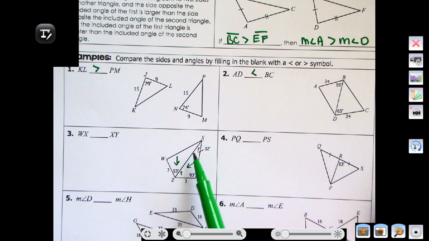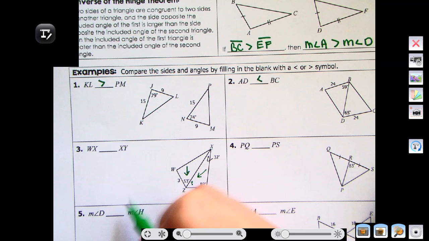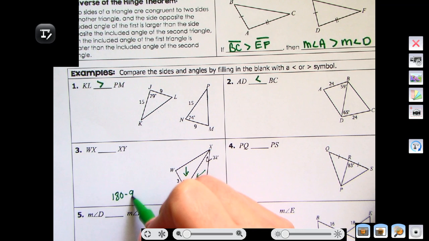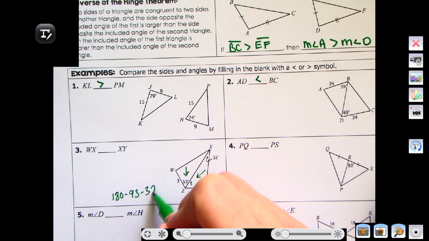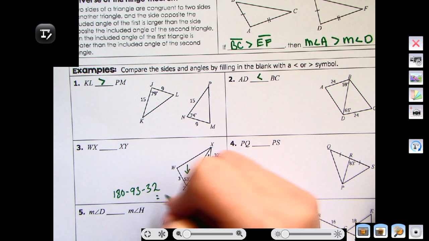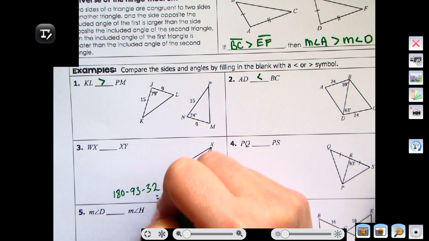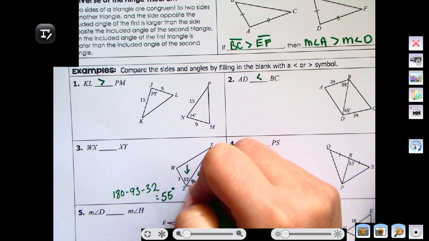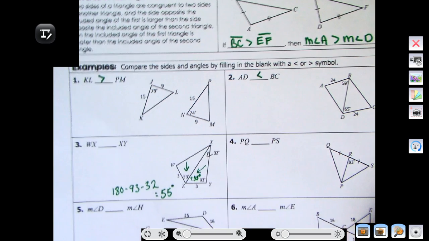Well, they gave me 32 and 93, so I can simply do 180 minus 93 minus 32. So sometimes they make us work a little bit extra to figure that out. So when I do that math, I am going to get 55 degrees, meaning this guy right here is 55 degrees.